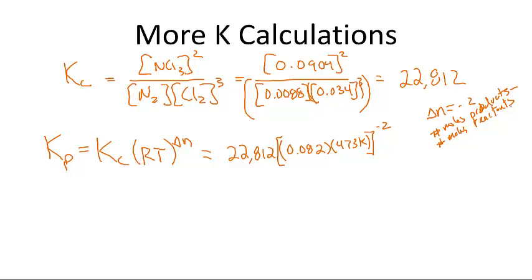So I had 2 moles of gas in the products, 4 moles of gas in the reactants. I get -2. So really what this is, 22,812 over (38.7) squared. The question is, why am I dividing? Well, anything to the -2 just means it's inverted.